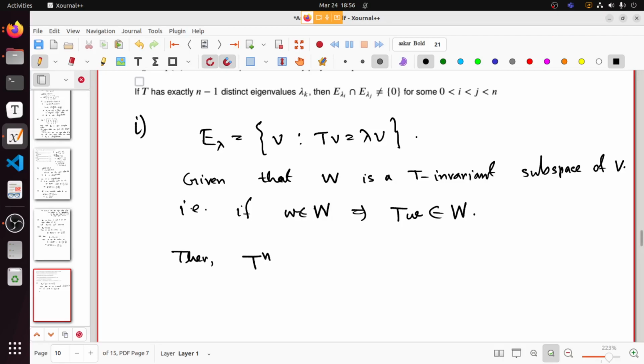Let's take w from W. Then what will happen? T to the power n of w is T to the power n minus 1 composition T of w, right? And you know w is in W, you have to start with. So T of w is in W, so T to the power n minus 1 of T w, as T w is in W, right?